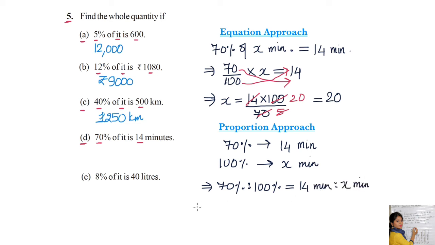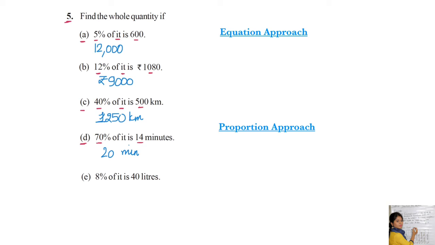Now let's write it in the form of 70 upon 100 equal to 14 upon x. Again, 0 and 0 will be cancelled out and 10 will be transposed, which directly gives 20. It means that 20 minutes is the unknown quantity. 70% of 20 minutes is 14 minutes, and this is the whole quantity.